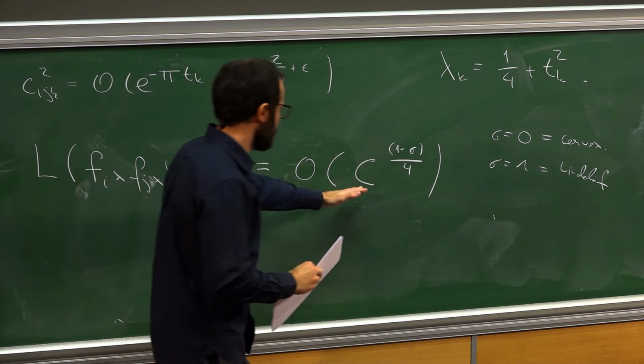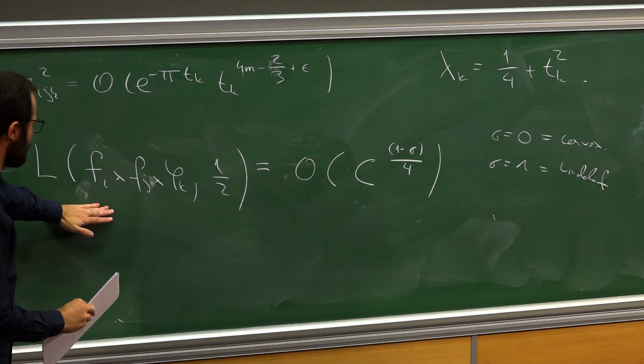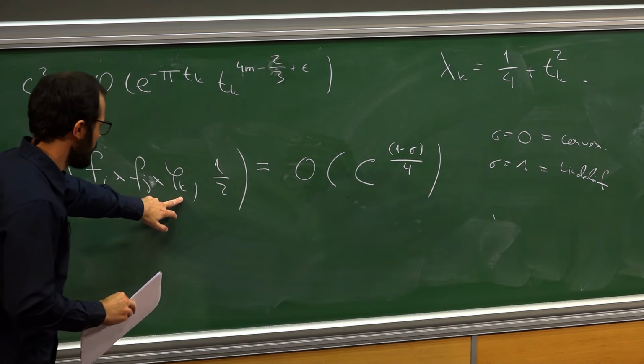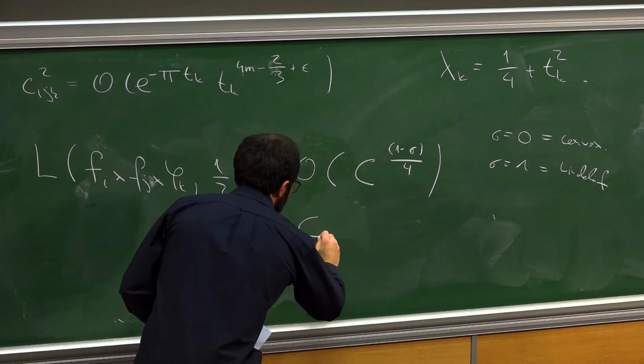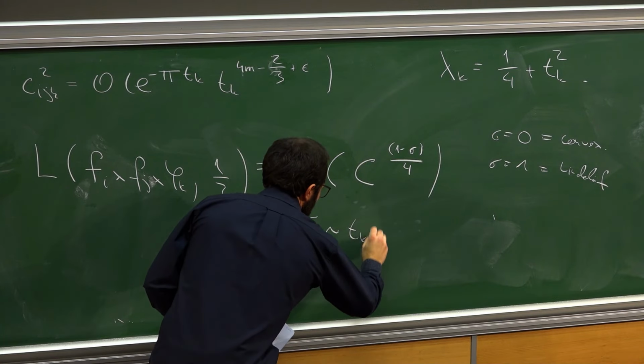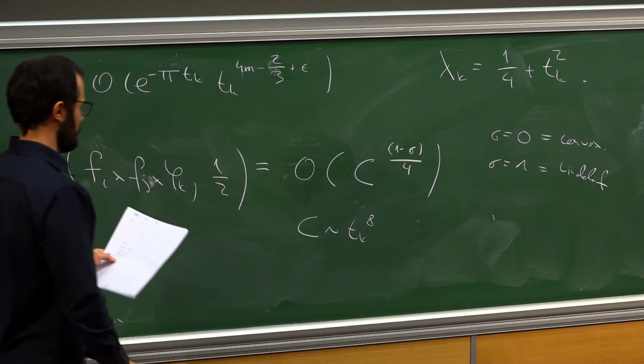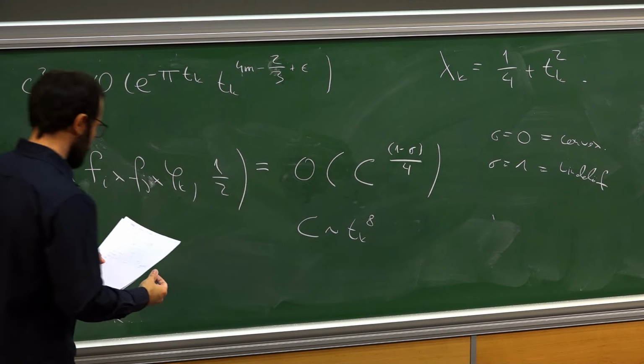In this case, if we fix everything except for lambda_k, the conductor goes like t_k to the 8, because it's a degree 8 L function.